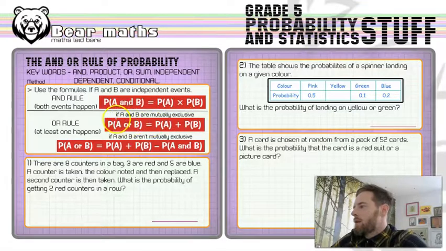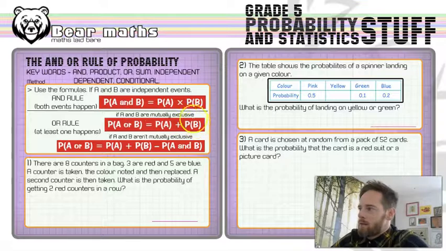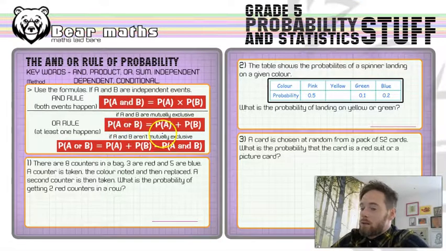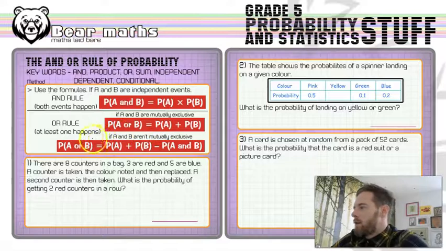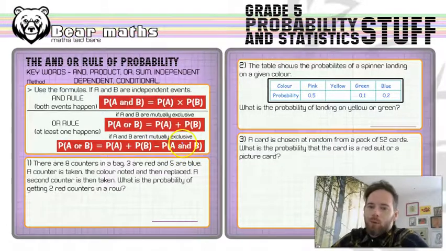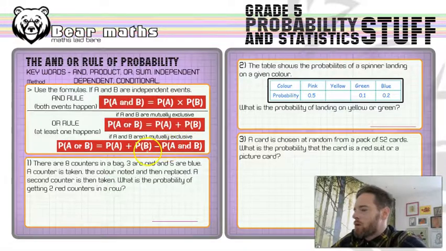So the probability of A or B is equal to whatever A is plus whatever B is in terms of the probabilities. If A and B aren't mutually exclusive, and we'll have an example on that in the third question, then the probability of A or B is equal to the probability of A plus the probability of B, and then you take away the probability of A and B. We'll do that in examples and it'll make much more sense.